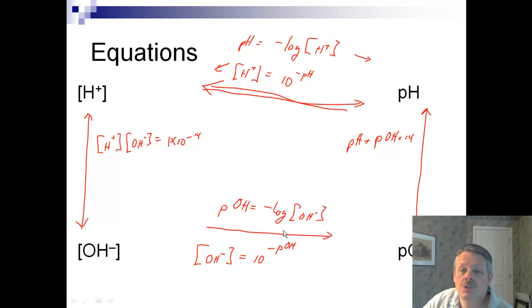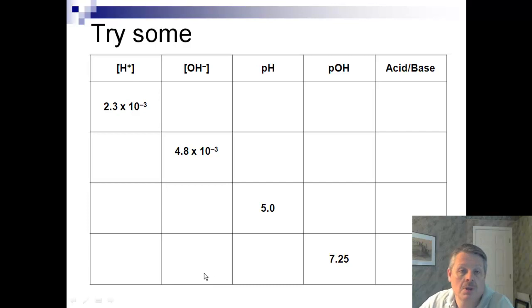So it's very similar to what you have above. You still have negative logs and you still have 10 to a negative power, but you need to be able to do those, right? Because here we have a chart where you should be able to go between concentrations and pHs and pOHs, right?